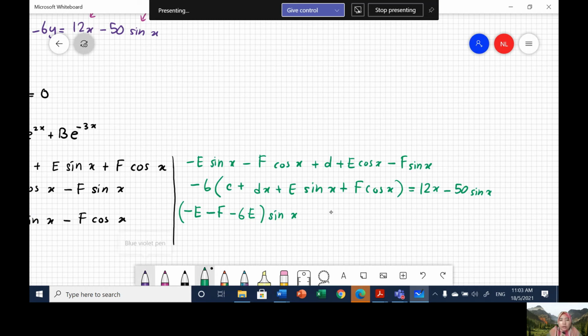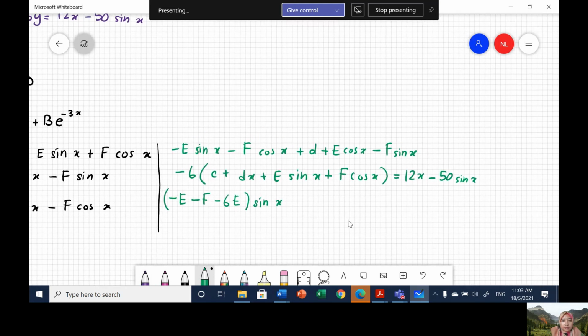Then let's look at the cos. Negative f cos x, and then plus e cos x, and then another cos, minus 6f cos x.